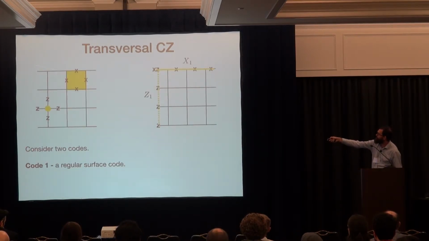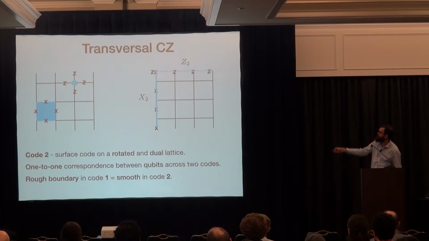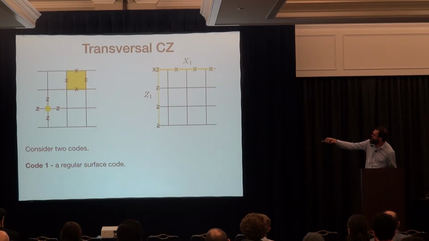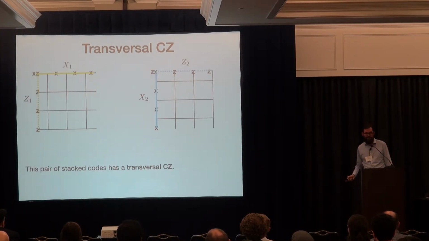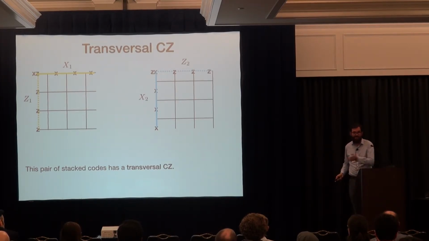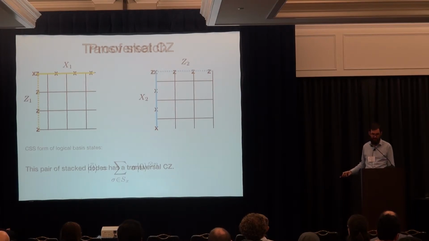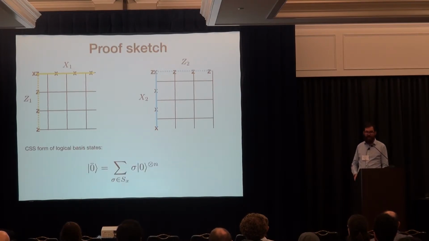So where we had smooth boundaries before, now we have rough boundaries and vice versa. Okay. So even though they're rotated, if you look carefully, you'll see there's a one-to-one correspondence between the qubits on this code and the qubits on this code. So we can pair up all of the qubits. So my claim is that this pair of codes has a transversal CZ and can be implemented by just pairwise implementing CZs in the code. And how am I going to show this to you?